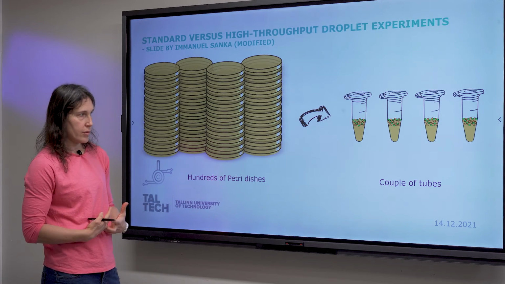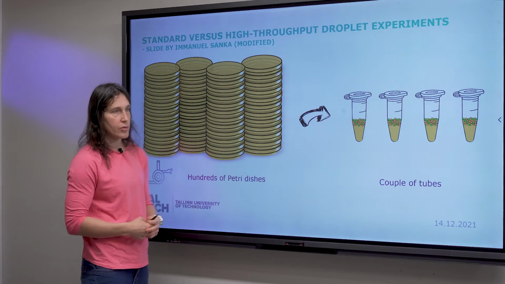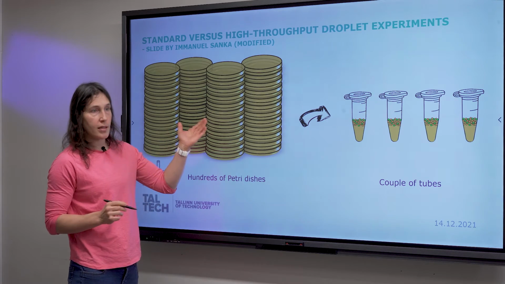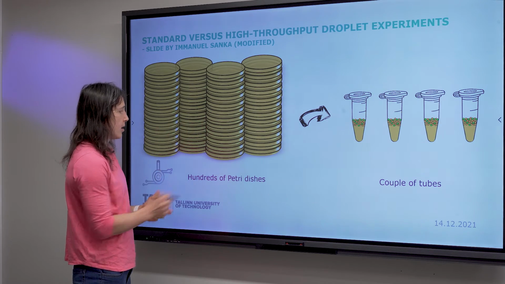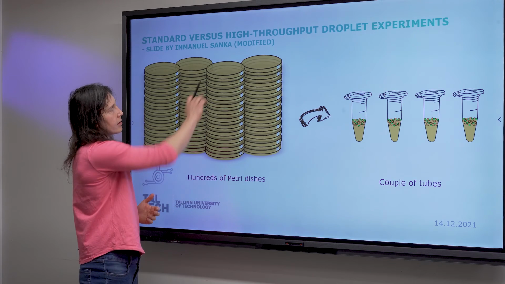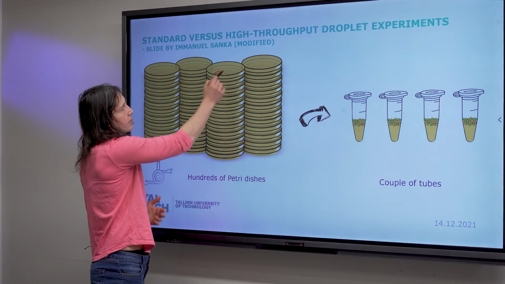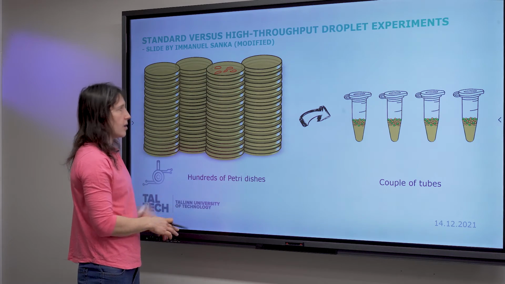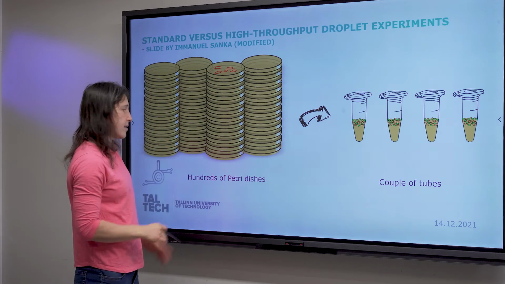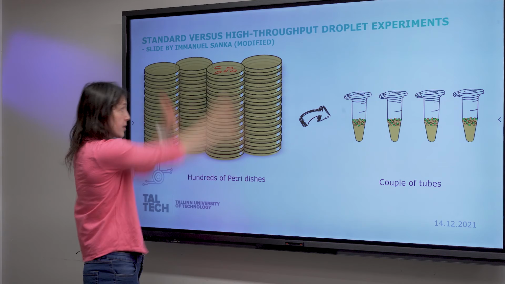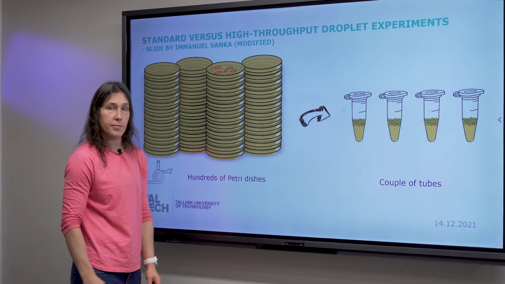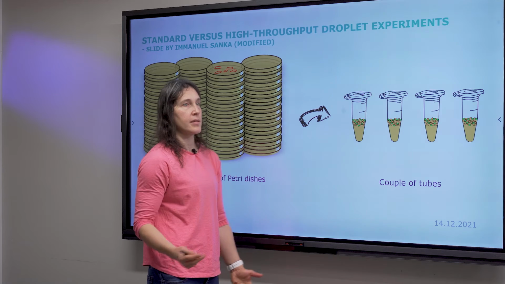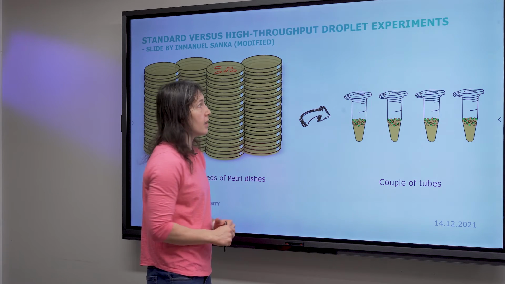So for us, when you grow bacteria and look at antibiotic resistance, you usually use these plates, and you have your bacteria growing here, and you do experiments. But you need hundreds and hundreds of these stacked piles of petri dishes in one experiment to get your information.